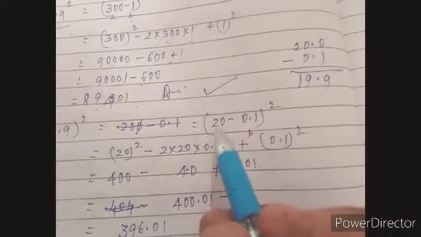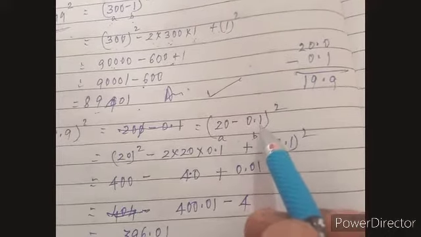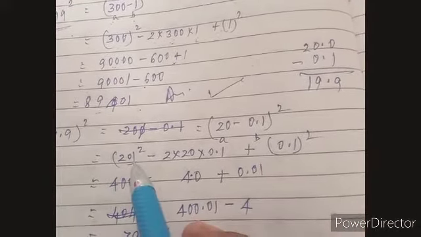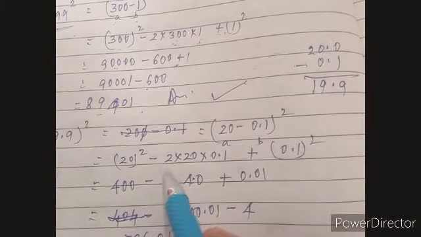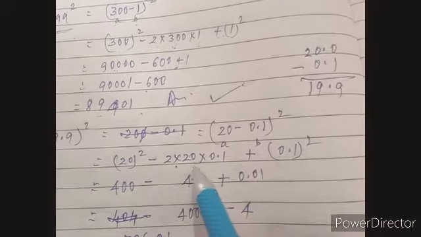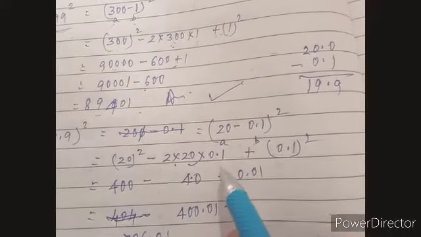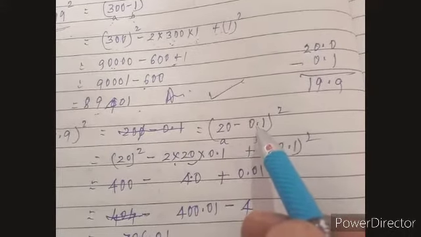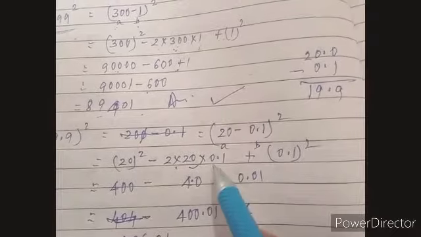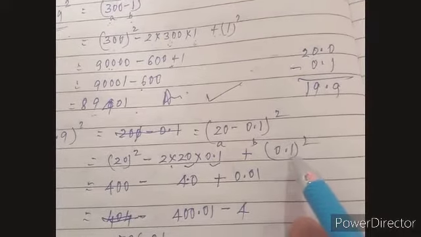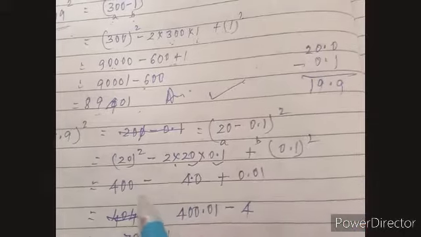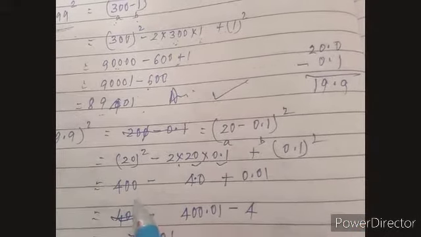Again, a is equal to 20, b is equal to 0.1. A square, 20 square, minus 2ab, 2 into 20 into 0.1, plus b square, that is 0.1 whole square. Here 20 square is equal to 400.